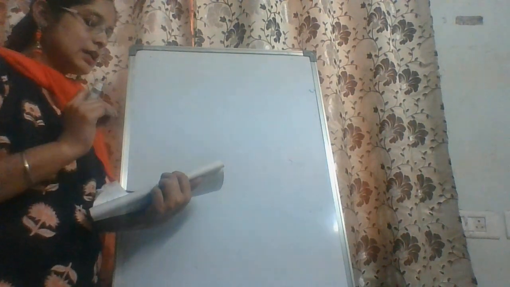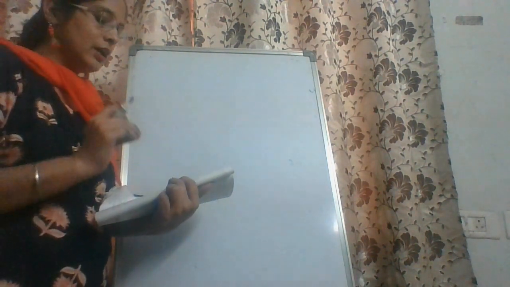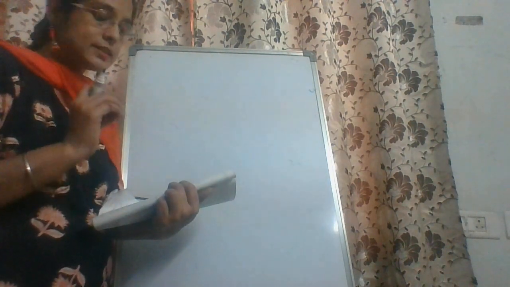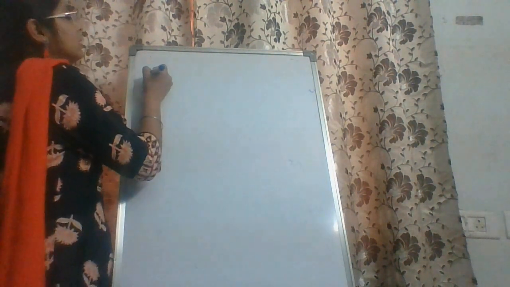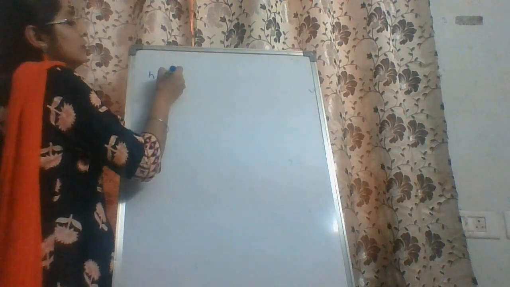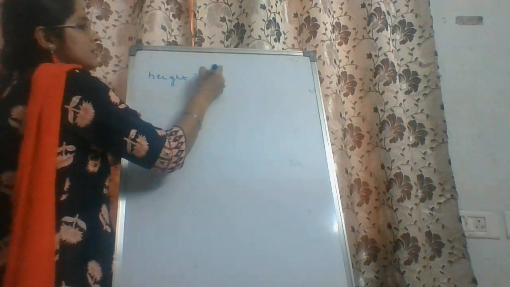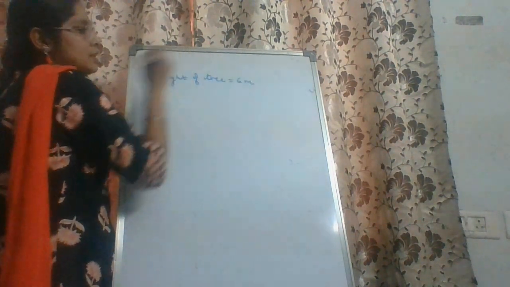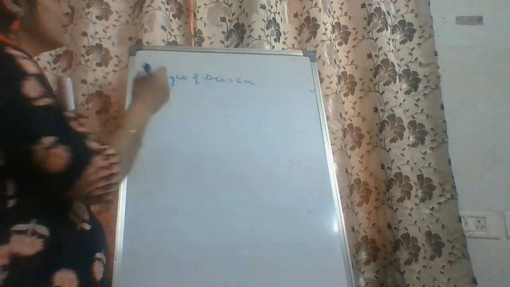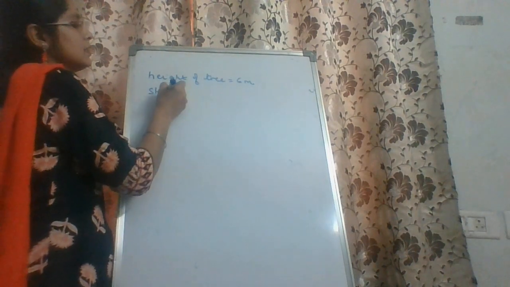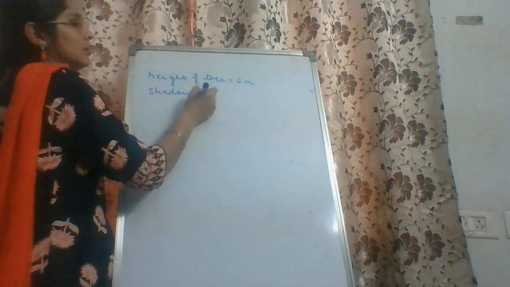That means height of the tree is equal to 6 meters. This is given. Shadow of the tree is also given as 8 meters.